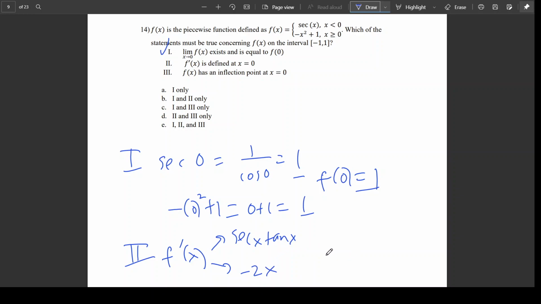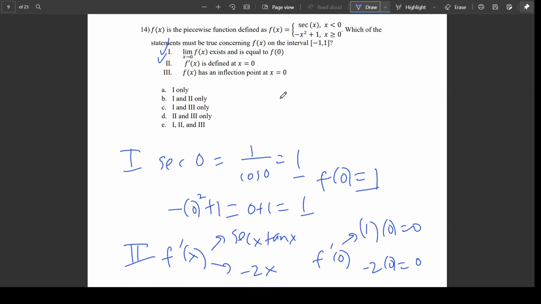I want to figure out f prime of 0. F prime of 0 is going to be secant of 0 times tangent of 0, which is 1 times 0, which is 0, and then negative 2 times 0, which is 0. As you can see, these are both equal, so f prime of 0 is defined, and it's equal to 0, so let's check.